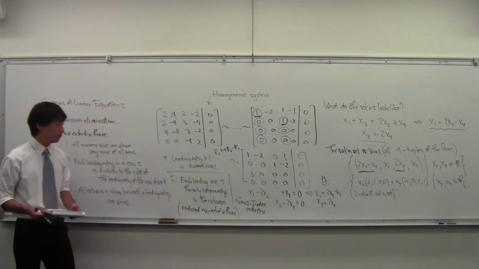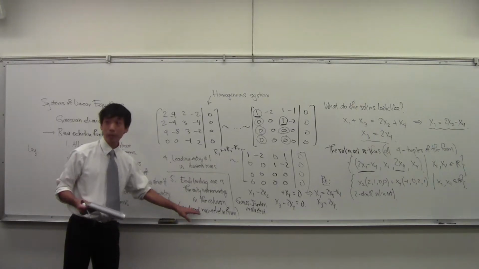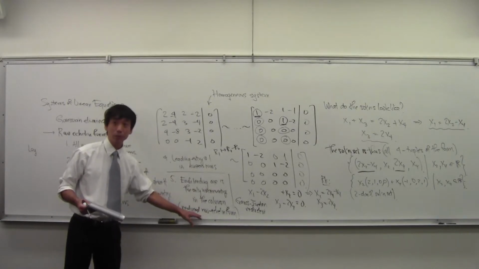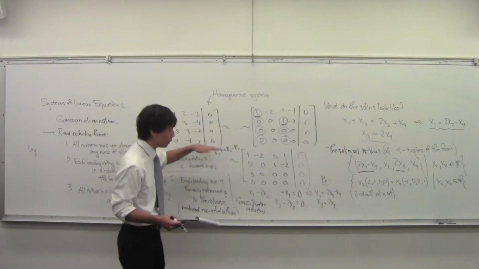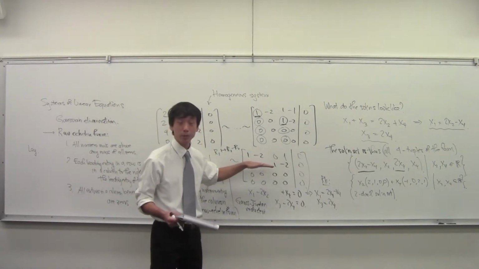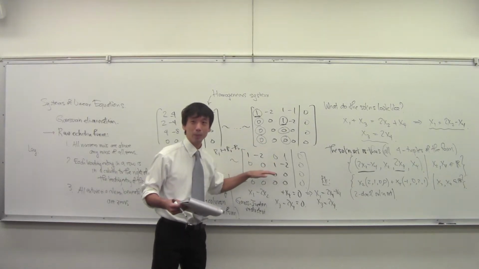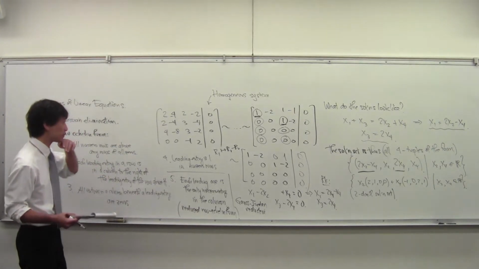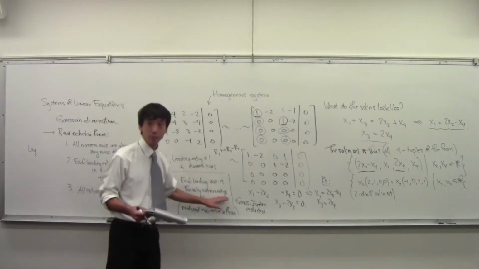So we're not going to prove it yet, but in fact, the reduced row echelon form is unique. If you go through this process and do this last thing also, then no matter how you start off, no matter how you do it, you're going to end up with the same answer. But we're not going to prove that yet.